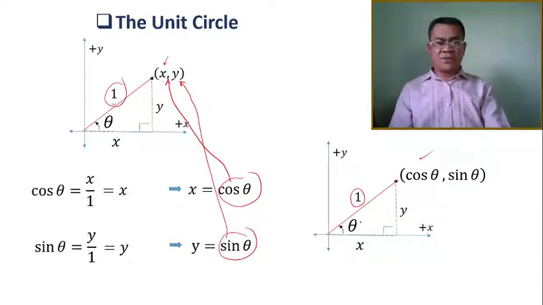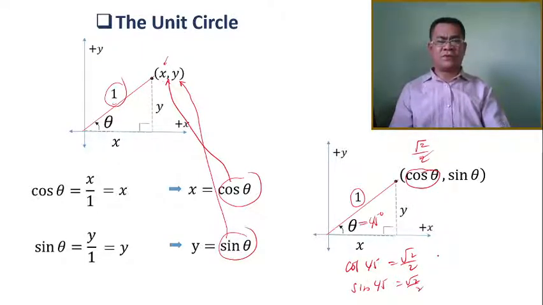So therefore, for example, if this is 45 degrees, now remember that in our previous lesson, the cosine of 45 degrees is square root of 2 over 2. And our sine of 45 degrees is also equal to square root of 2 over 2. So again, if this is 45 degrees, then it has a coordinate of square root of 2 over 2 for the abscissa, and the ordinate is square root of 2 over 2.